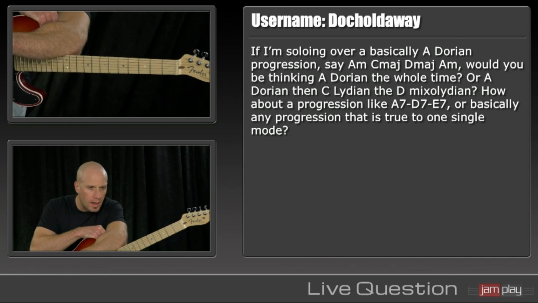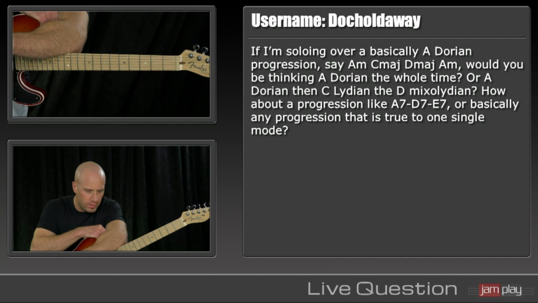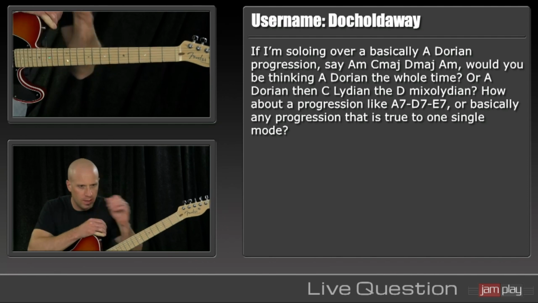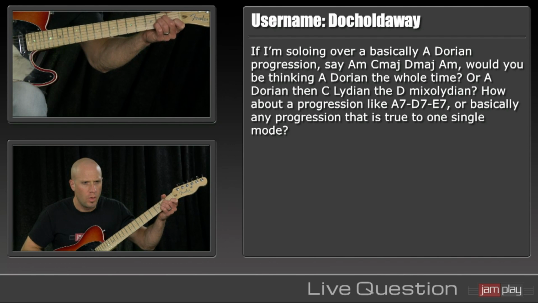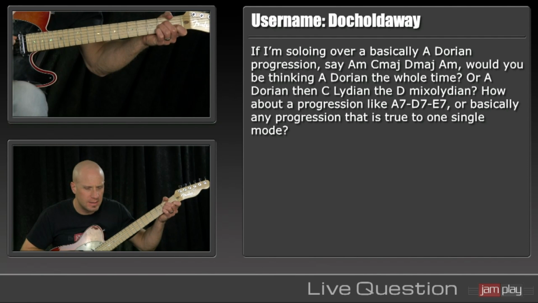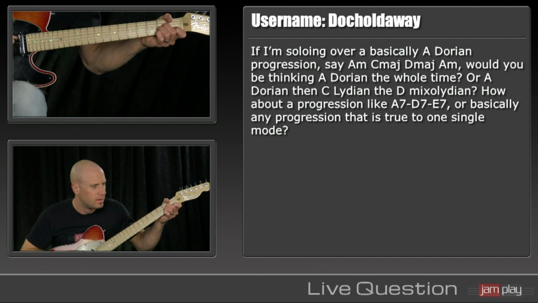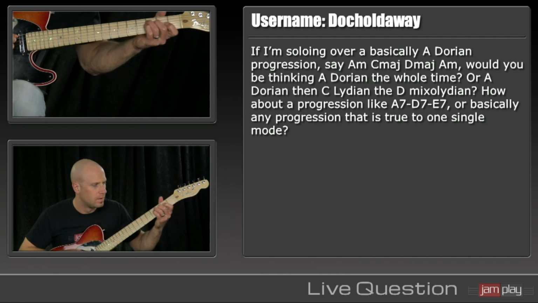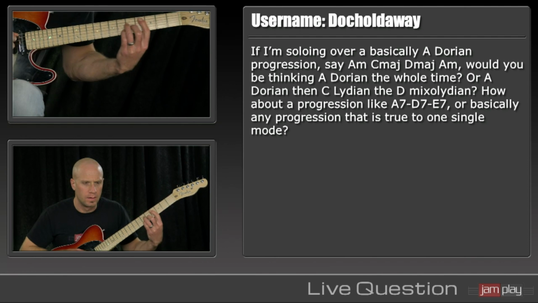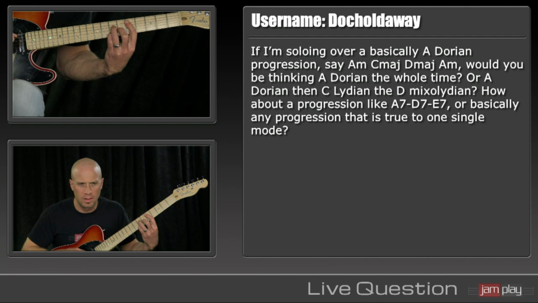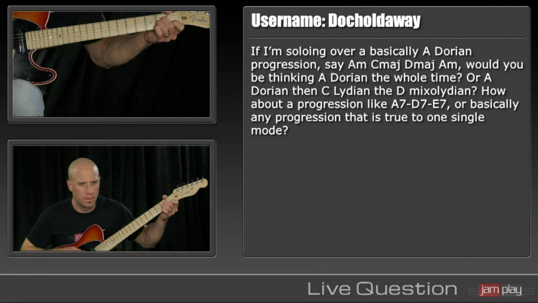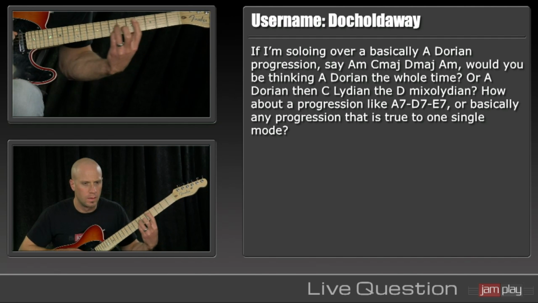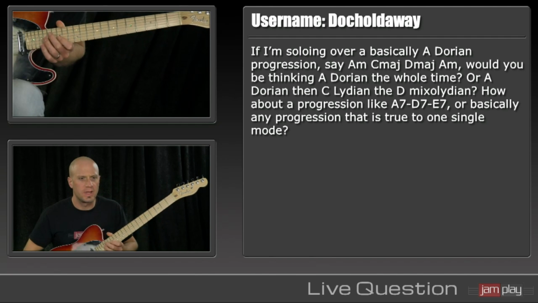Good questions. I would not think about that first progression, A minor, C major, D major. Well, wait a minute. Is it D major 7? Or is it D dominant 7? There's a big difference there.